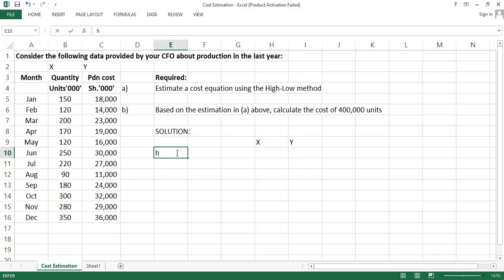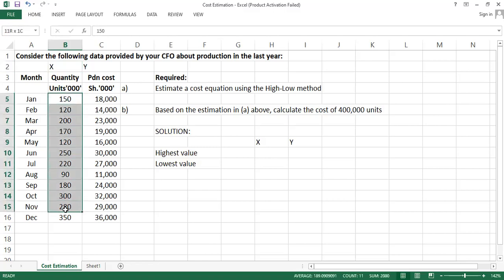Now, the two values which I need are, one, the highest value, and then also the lowest or least value. So I need the highest value of X together with the Y that corresponds to it. And X in this information, remember, is the quantity. The highest quantity we have, which one here? Somebody, what is the highest quantity?